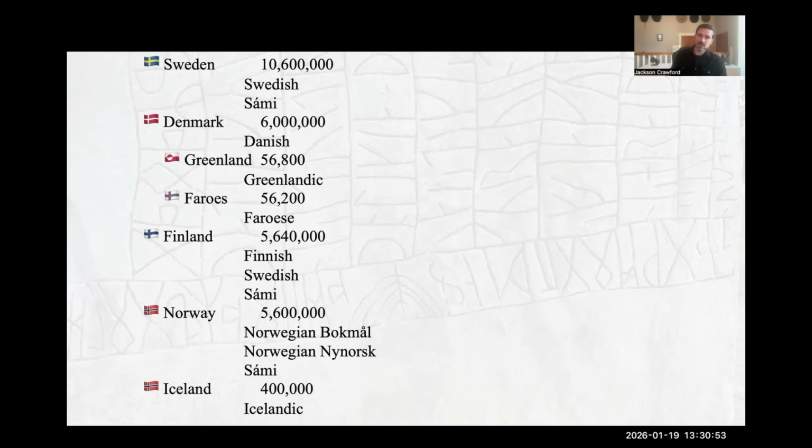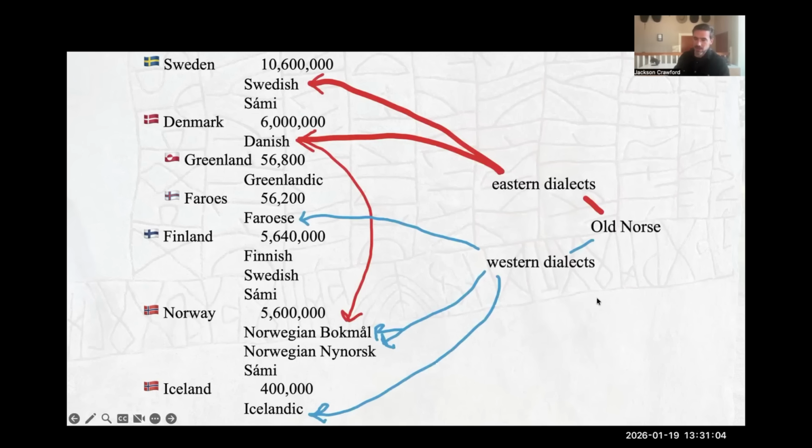Now, in Sweden, Denmark, Norway, and Iceland, the languages are all related. They all come from Old Norse. So to me, if you think of me as the Old Norse guy as being the Latin guy, all of these are kind of like if I'm a Latin guy looking at French or Italian or Spanish, right?